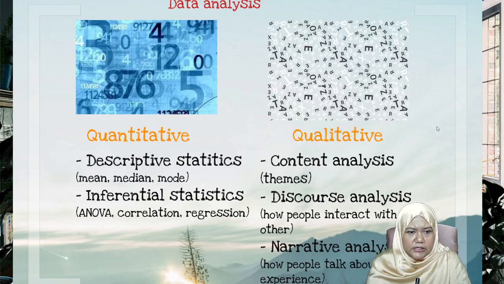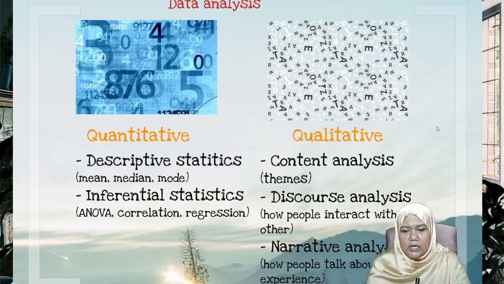If you're dealing with quantitative data, you can use descriptive statistics, mean, median, mode, like I've mentioned, and if you want to compare numbers, you can use inferential statistics, the ANOVA, correlation, regression, and everything. If you're dealing with qualitative, you can use content analysis, put data in themes like I did.